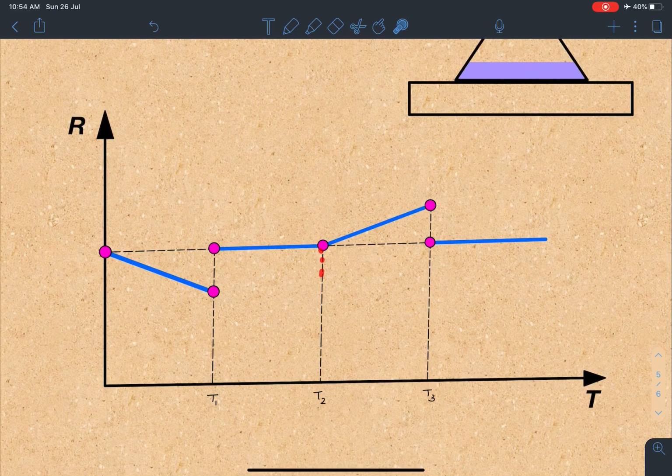And then for t greater than t2, the value was increasing linearly, and for t greater than t3, the value was reaching the original weight, or you can say the actual weight. So this is the reading versus time graph, and this is the solution for this particular problem.